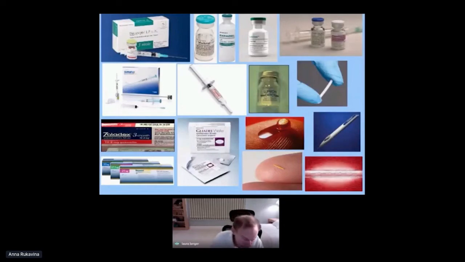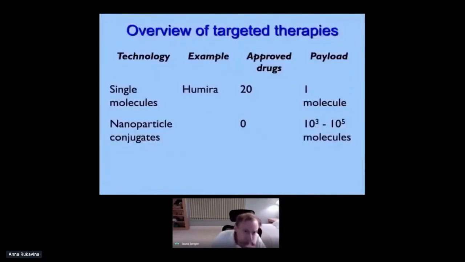But the next slide shows what I was thinking about, which is that you could certainly change the payload. People had made single molecules for targeted therapies like Humira. But if you were able to put a drug in a nanoparticle, your payload is much greater. In a single nanoparticle, you might be able to put anywhere from 1,000 to 100,000 molecules in the nanoparticle.